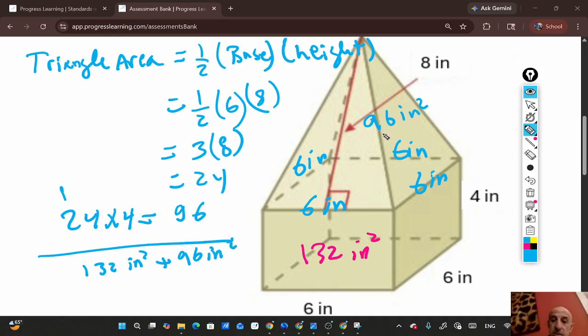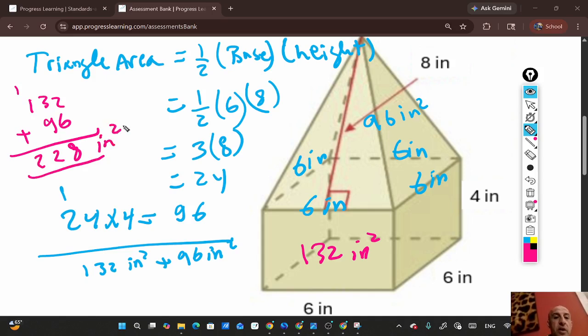So 132 plus 96: 2 plus 6 equals 8, 3 plus 9 is 12, 1 plus 1 is 2. So the total answer will be 228 inch square. So let's delete all this. We need to remember 228.